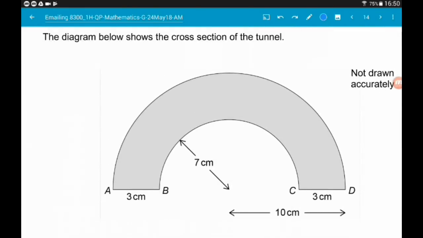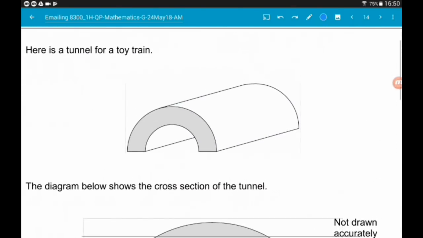So, first of all, let's talk about the faces. There are going to be 2 of this shaded face, one at the front, one at the back. That's 2. We're going to have this face, which is like the top of the tunnel, if you like.